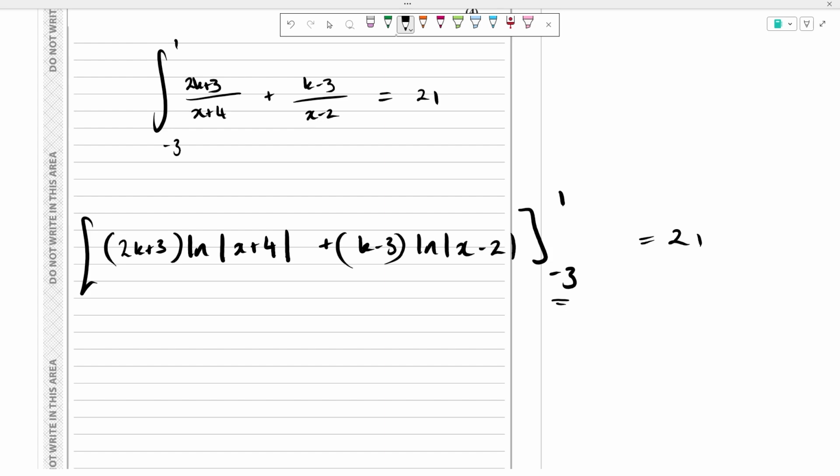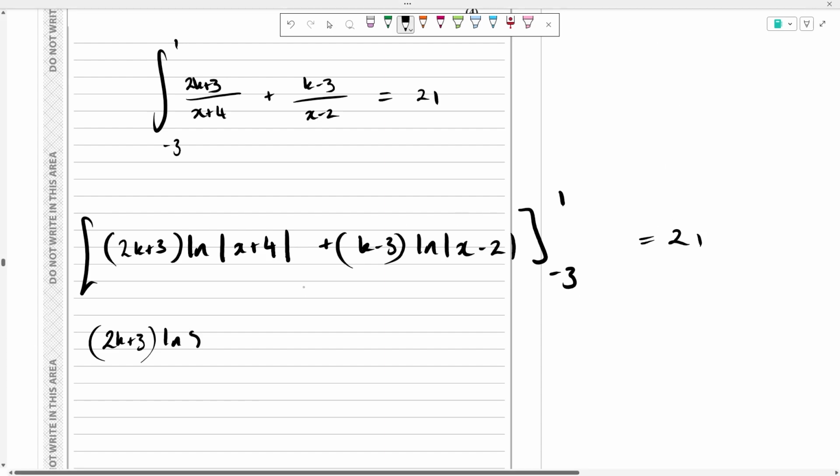So I have 2k plus 3 times by ln of, if we start from 1, that's going to be 1 plus 4, so that gives me ln 5, plus k minus 3 ln of 1 minus 2, which is going to be minus 1, but it's the modulus of it, so that's just ln of 1.